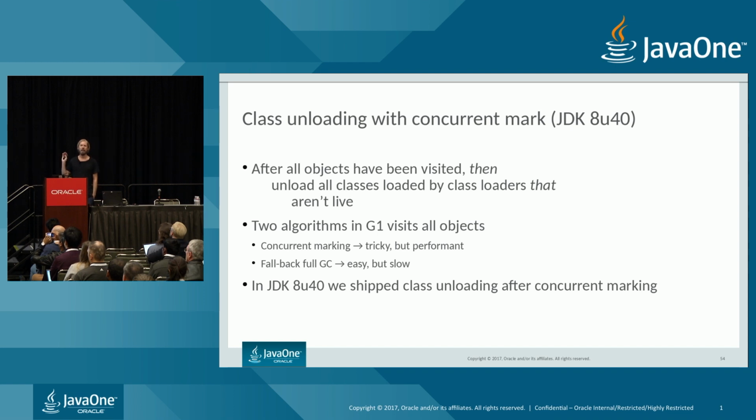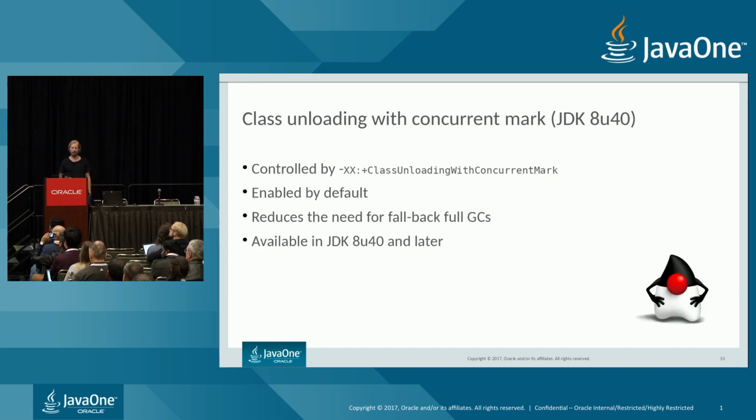So in JDK 8u40, we finally shipped class unloading after concurrent marking. This is controlled by the flag ClassUnloadingWithConcurrentMark, and it's enabled by default since 8u40. And it can reduce the need for full GCs quite a lot in your application if you load and unload a lot of classes. And again, available in 8u40 and later.